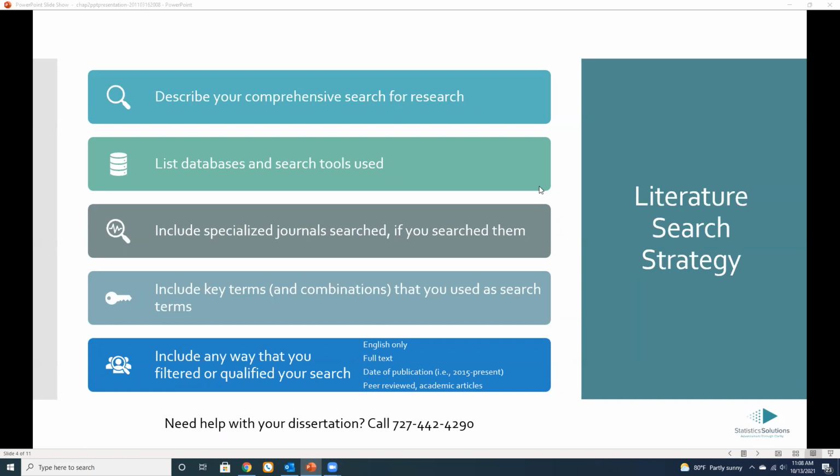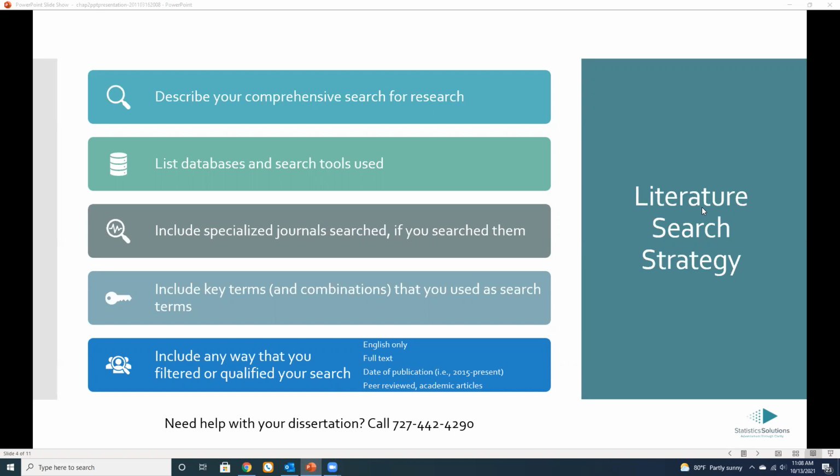And another important little subsection down here: any way that you filtered or any way that you qualified your search. So in other words, if you searched only articles that were published in English, you could put that. Full text is an important one, you can include that too.